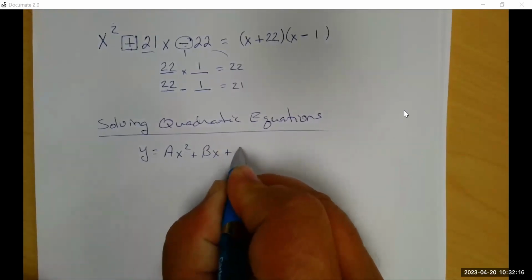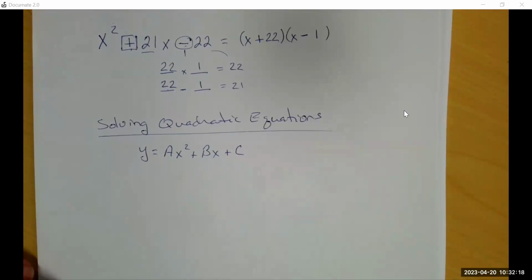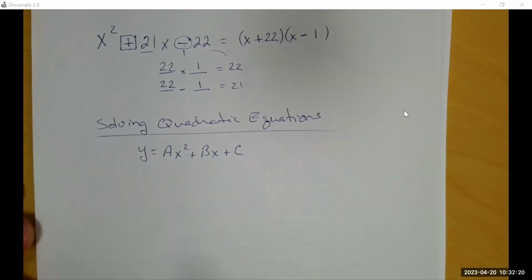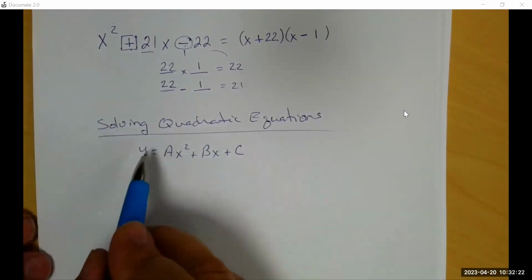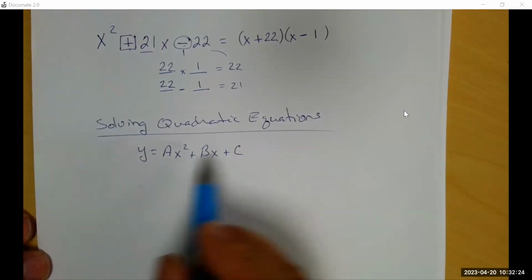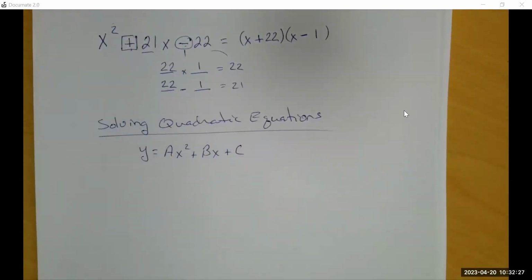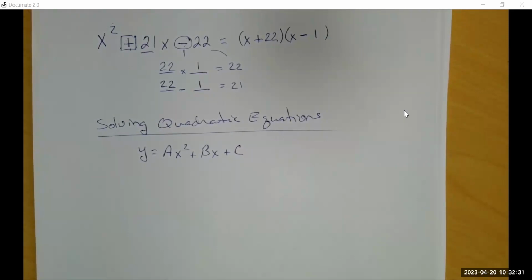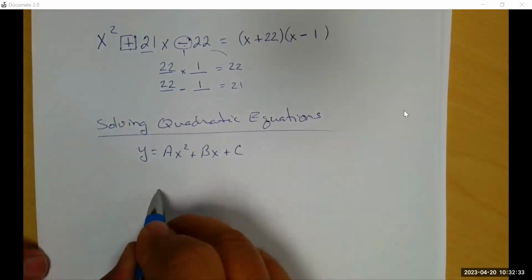Whenever you have an equation, before you can solve it, it has to be in this form. You have to get y by itself and everything else, x's and constants, to the other side.